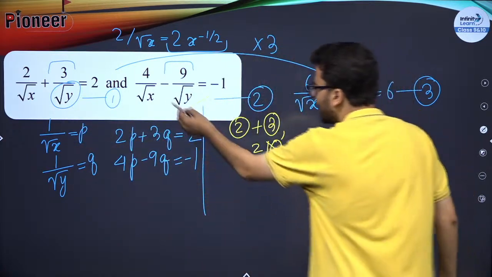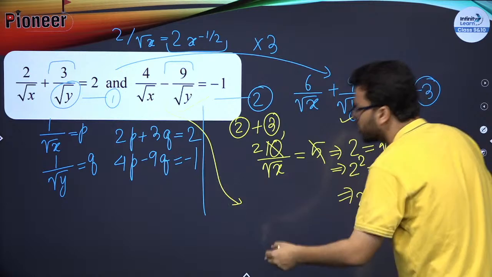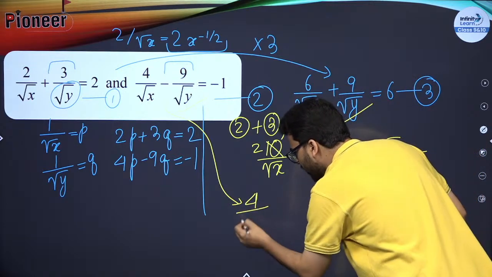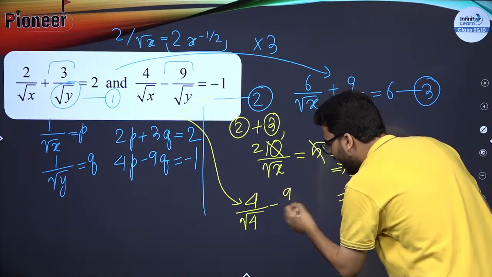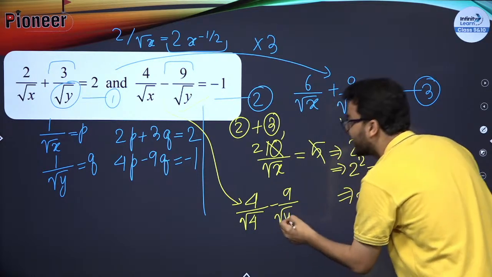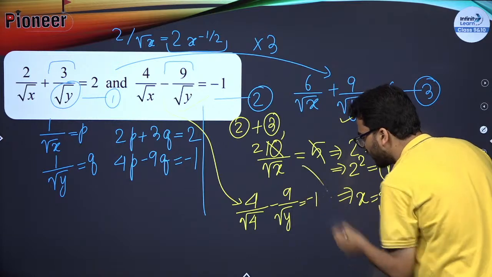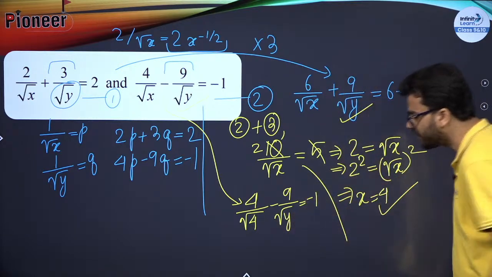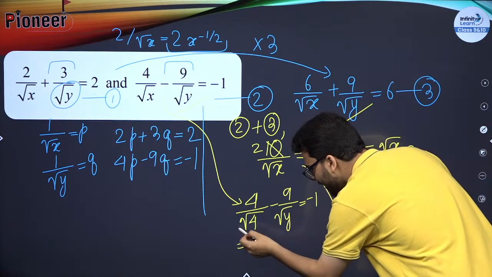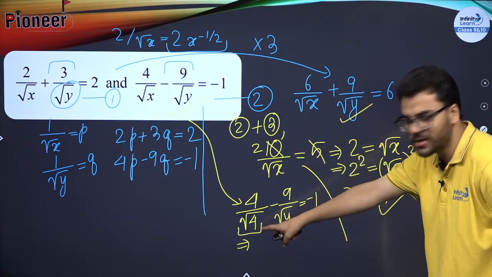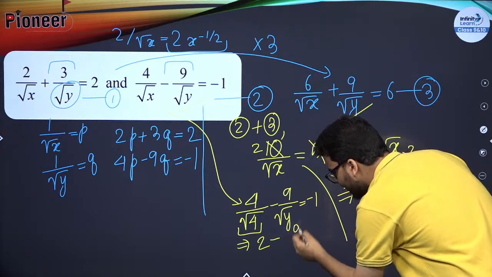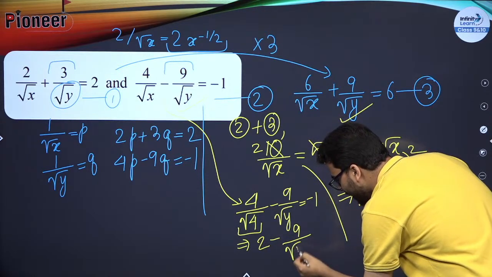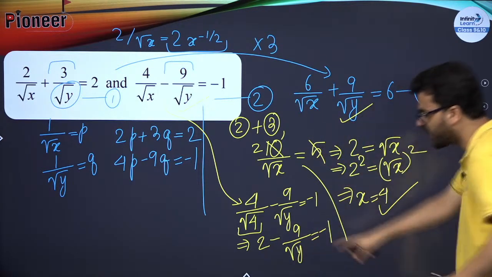Suppose I am putting x is equal to 4 in this equation only. So it's a very simple thing now. So x is equal to 4 I am putting, and this will be minus 9 upon root y, that is equal to minus 1 over here. So you see, you can simplify it further. So root 4 is equal to 2, guys, root 4 is equal to 2 and 2 2s are 4. So basically you will get 2 minus 9 by root y, and that is equal to minus 1 over here.